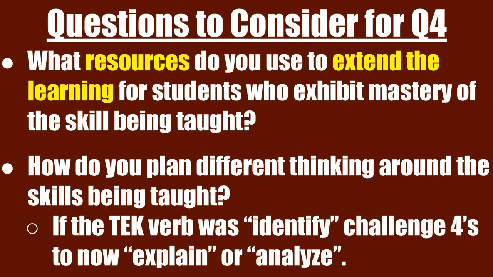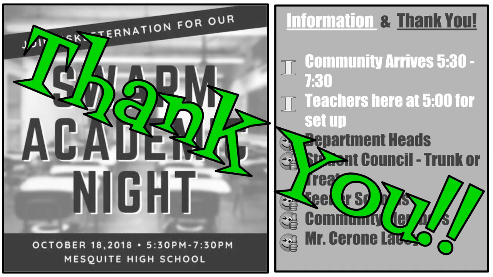If the TEKS verb is identified, how do you challenge those 4s, or those who have shown that mastery, to now explain or to analyze? Perhaps how do they move up Bloom's to a level of thought that's greater than the TEKS verb that you have? So just some things to consider as we are planning and executing great lessons.